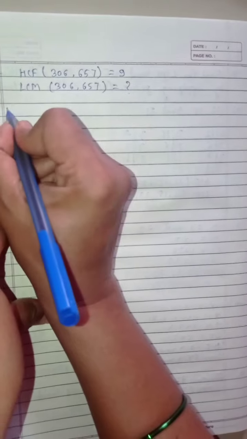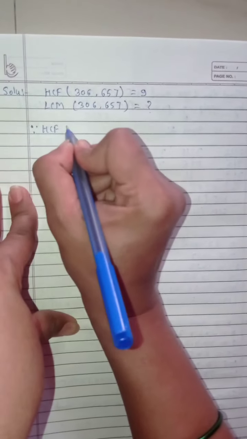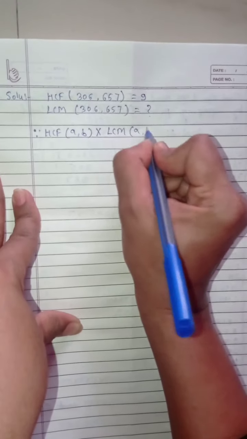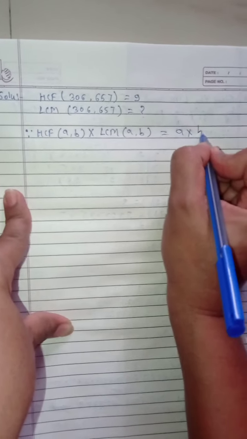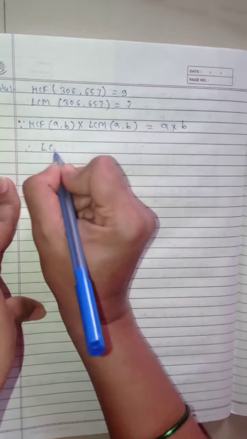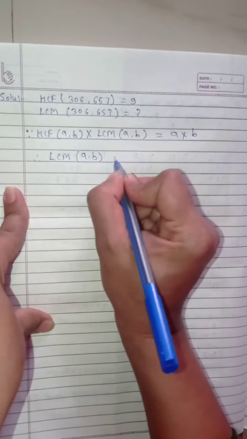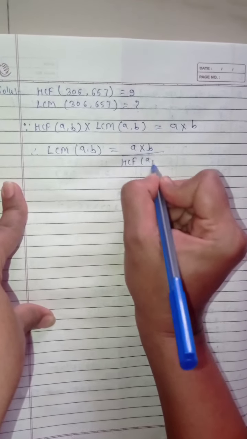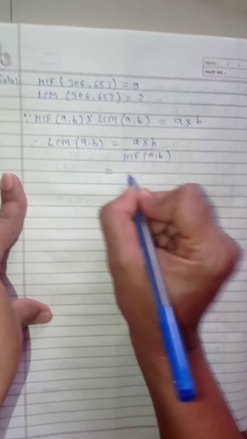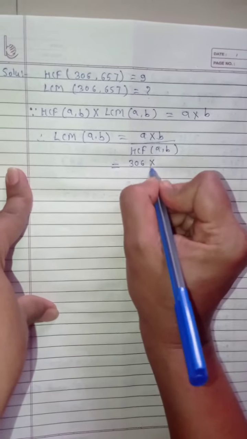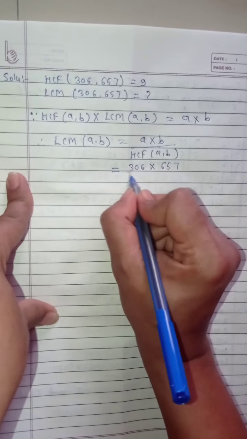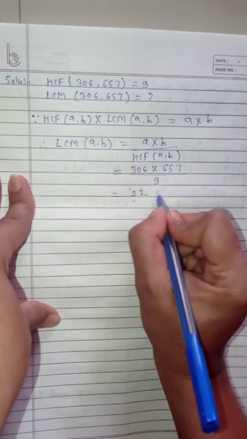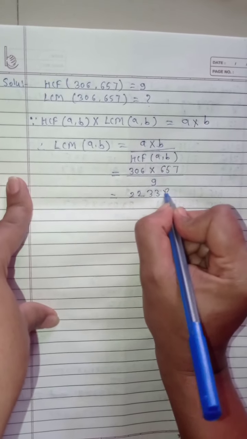We know that HCF of A and B into LCM of A and B equals A into B. Therefore, LCM of A and B equals A into B divided by HCF of A and B. Now, the value of A here is 306, the value of B is 657, and HCF is 9, and this is equal to 22338.